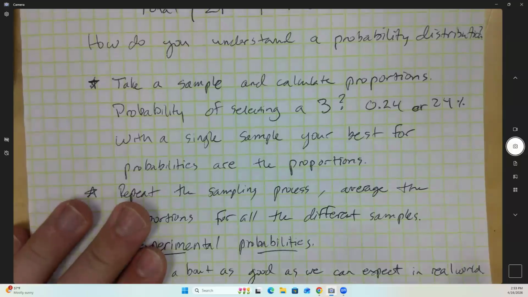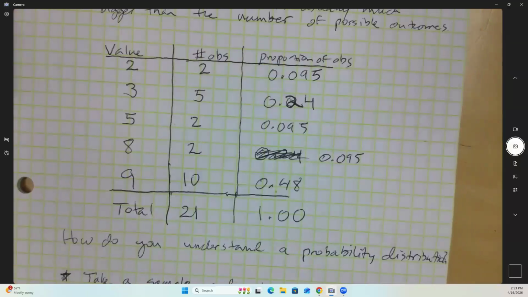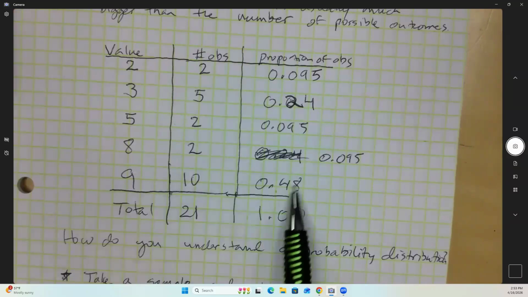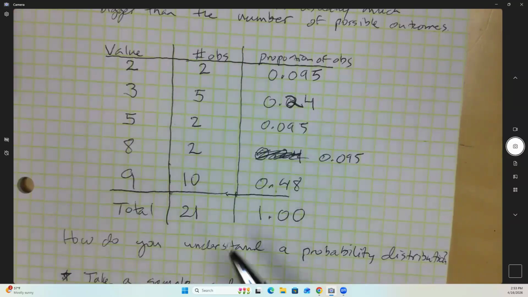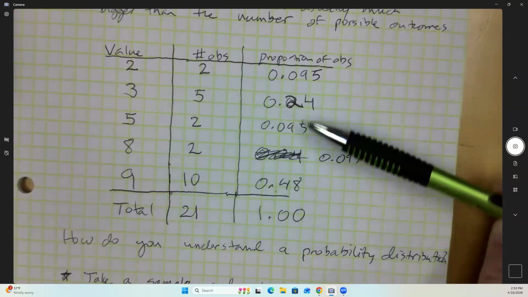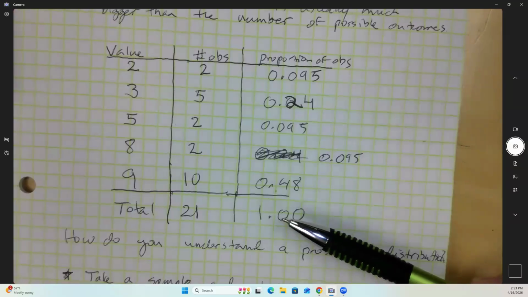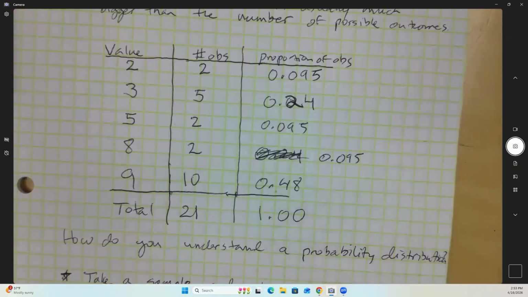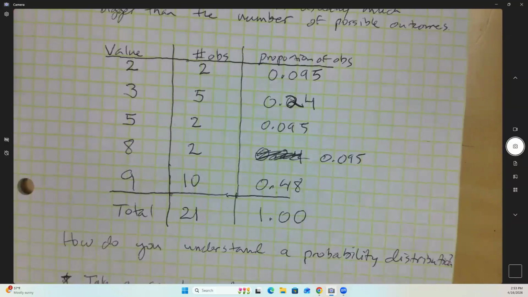So instead of just having this one table, we might have 10 different tables like this. And then we average these proportions for every table. And we think that's going to get us a better idea of the true probabilities.